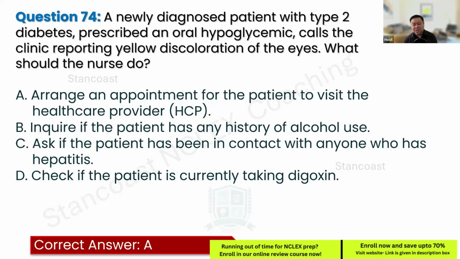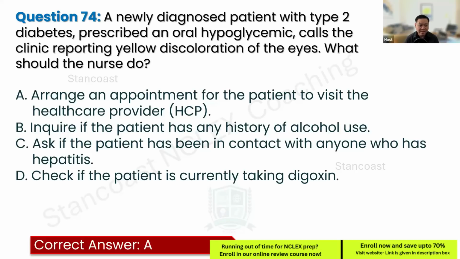Now, your strategy to accurately answer this question is to identify priority actions when a new medication may be affecting a patient, and choose the intervention that ensures the patient gets immediate assessment rather than focusing on unrelated conditions.